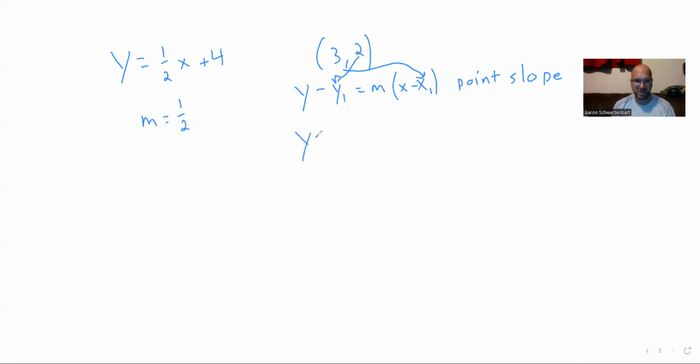So I get y minus 2 equals 1/2 times (x minus 3). Okay, here is my equation for the line parallel to this one. Now, we do want to put it in slope-intercept form, just like my original line, y equals 1/2 x plus 4. That's slope-intercept form.